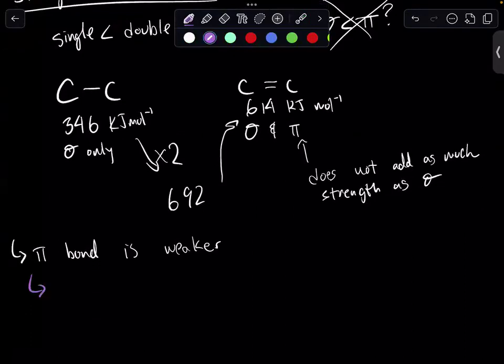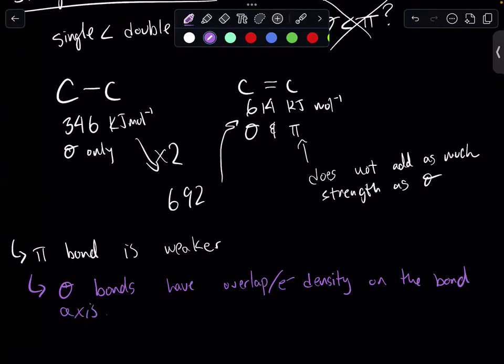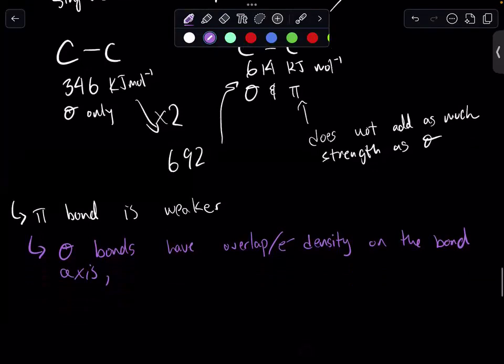So our reasoning could be that sigma bonds have overlap, which once again represents electron density on the bond axis, the electrons are actually closer to the nuclei, or they have a stronger attraction.